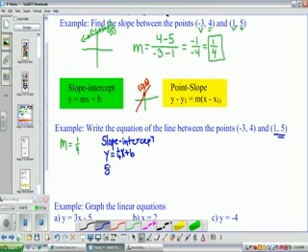Most of the time people only do the first. So we have 5 equals 1/4 times 1 plus b. So if I subtract 1/4, so let's rewrite my final equation: y equals 1/4 x plus b.